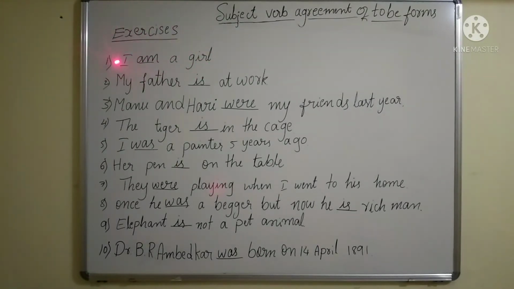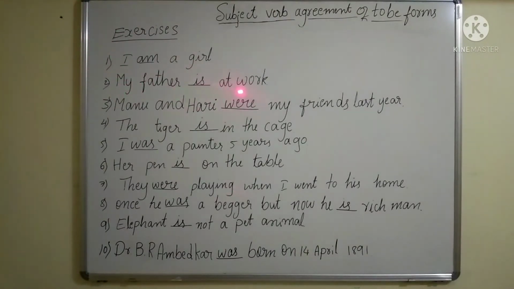See here in the first question, there are no such words which indicate past tense. So it is present tense. So I used am. I am a girl. Next, my father is at work.